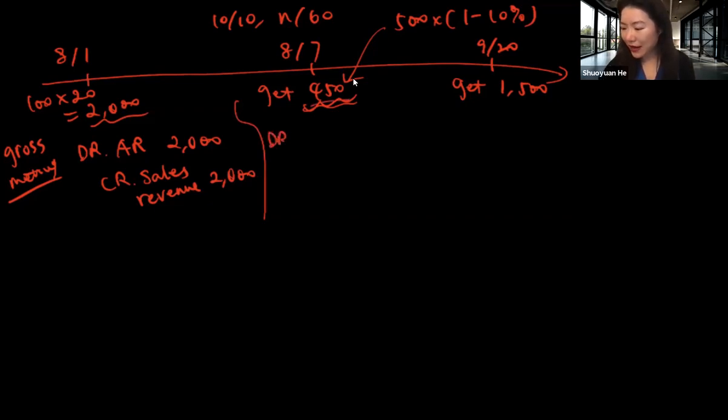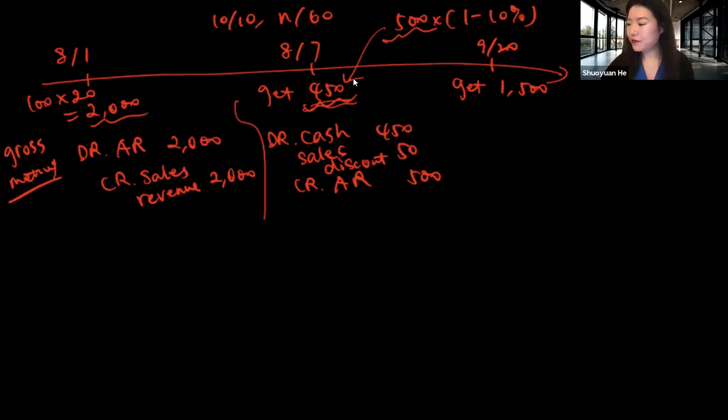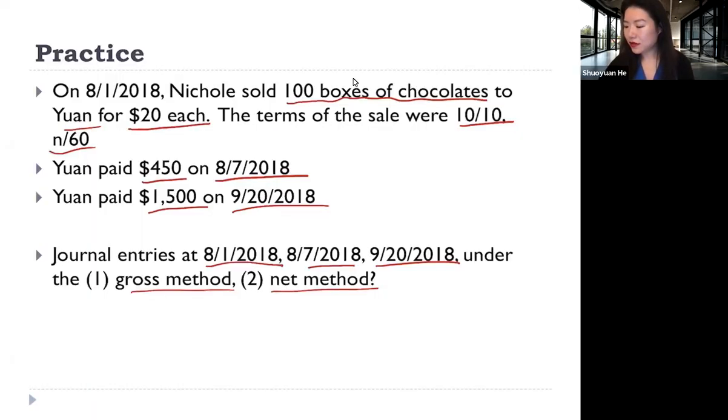So I get cash 450 and I credit accounts receivable because this is for paying back 500. And then I need to give sales discount 50. Sorry, let me write it again.